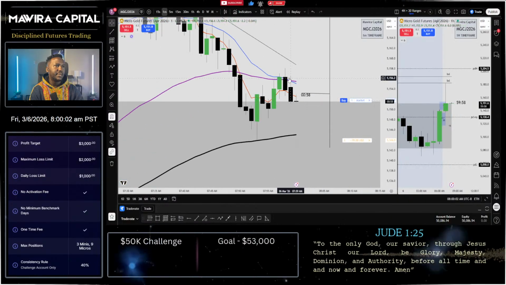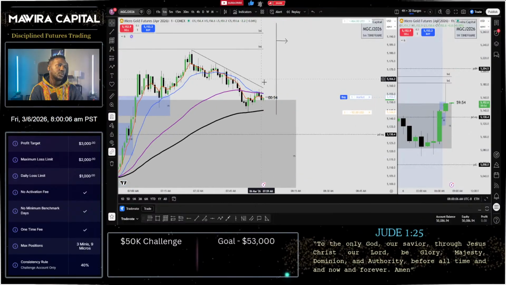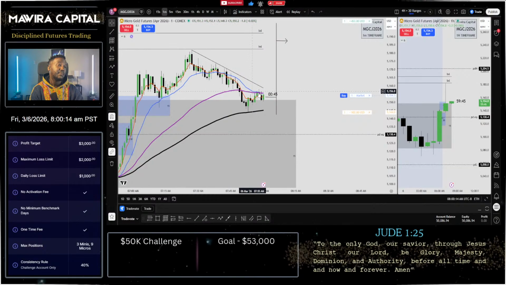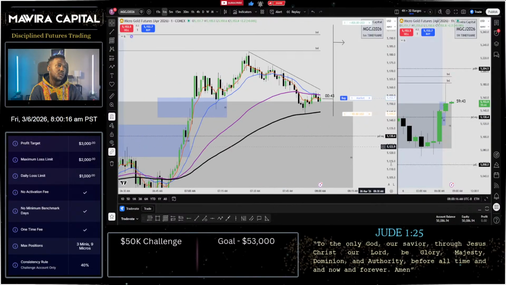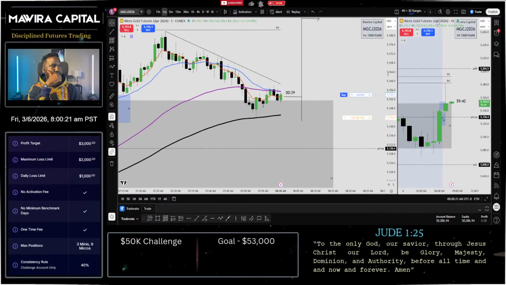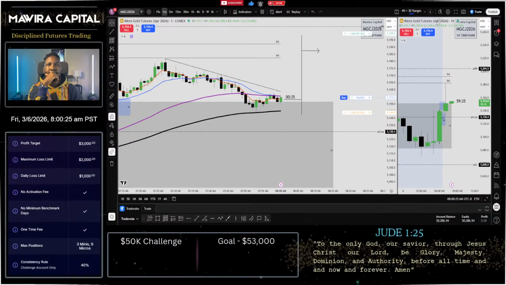Okay, that blue EMA crossed the 50, so I need to see them align, realign, and then I retest to the 50 without the blue crossing the purple. Bummer.